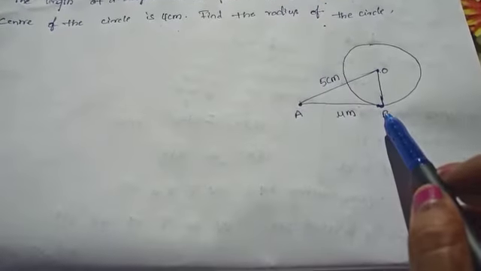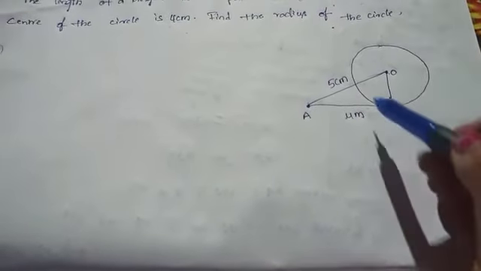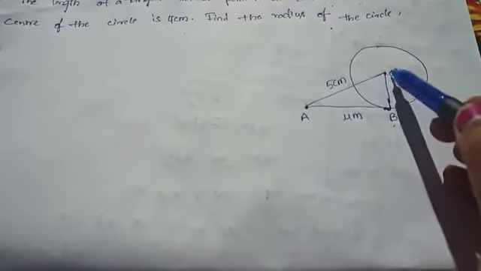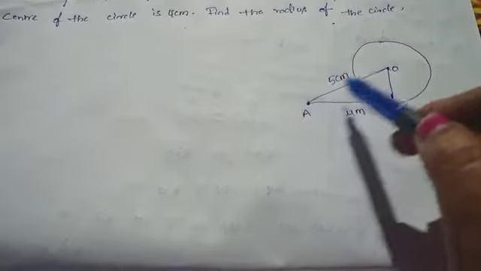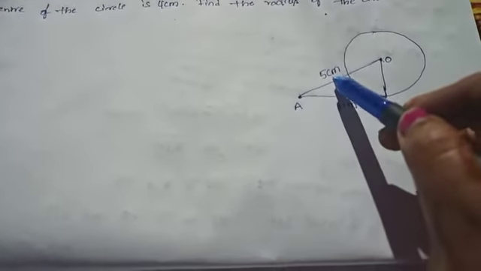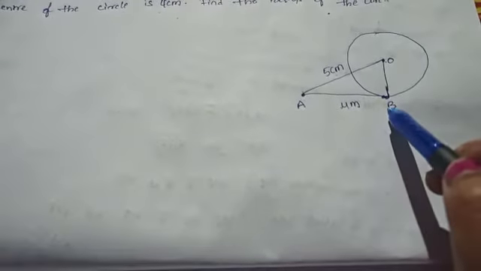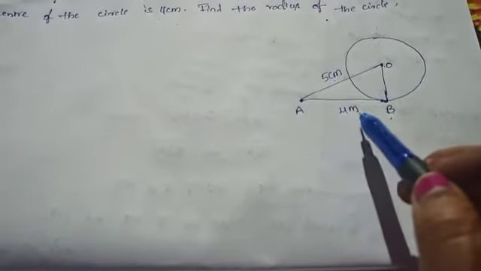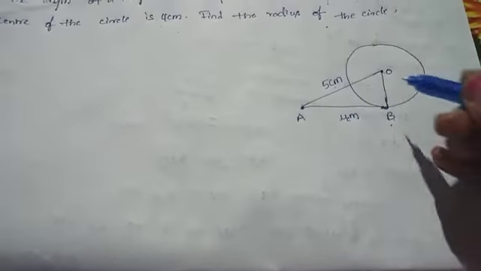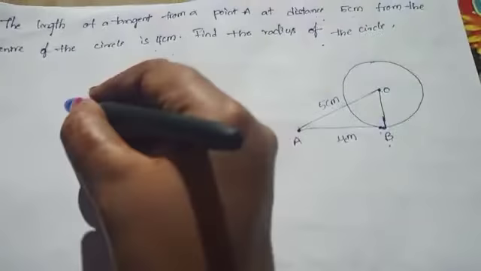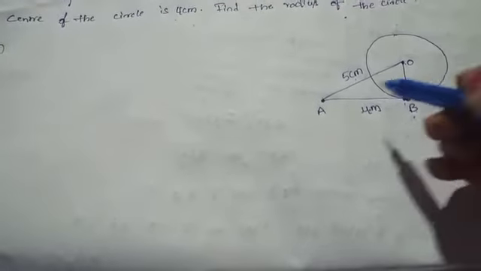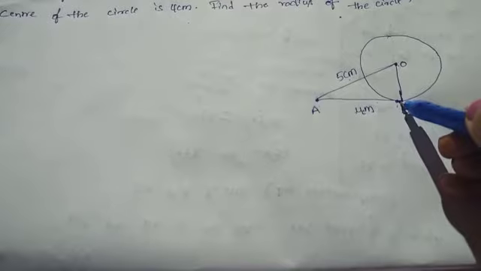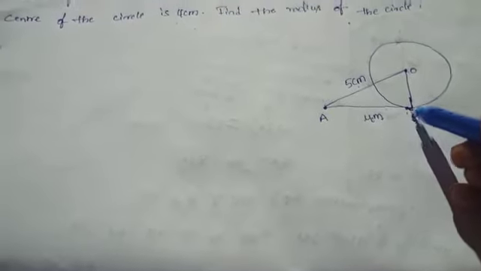Here given AB is the tangent to a circle, touches the circle at B, and OB is the radius of the circle, and given OA distance is 5 centimeters and AB, the length of the tangent, is 4 centimeters. We know theorem 10.1: radius and tangent are perpendicular to each other through the point of contact.